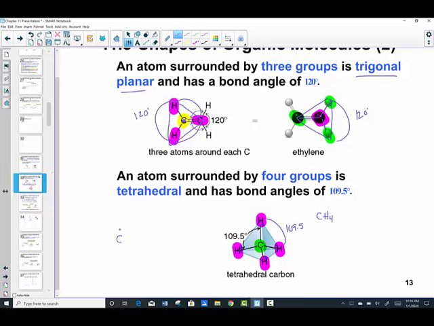Notice it's very different if we've been drawing methane such as this, where we might be fooled into thinking that this is a 90-degree bond angle. And clearly it's not, because the VSEPR theory tells us we want to maximize angles between all atoms around that central carbon atom.